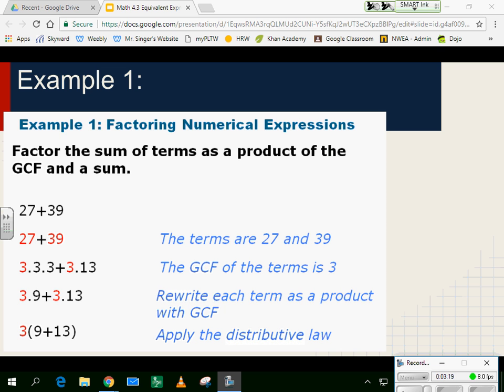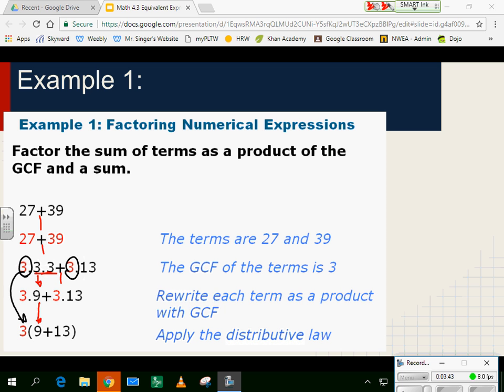So the greatest common factor of these 2 numbers is 3. The 3 gets put outside the parentheses using our distributive method. Then you multiply what you have left in each term. What was left over from 27 was 3 times 3, which is 9, so 9 gets dropped down into the parentheses.